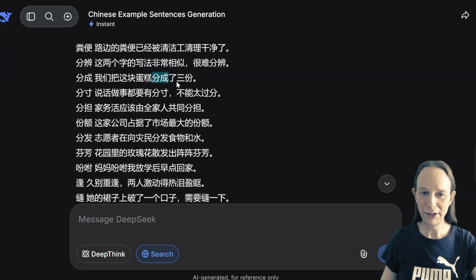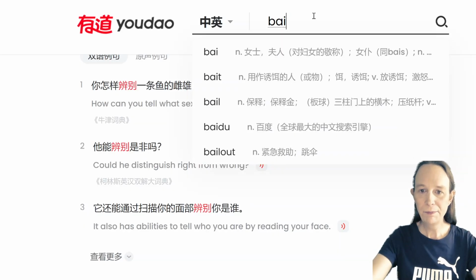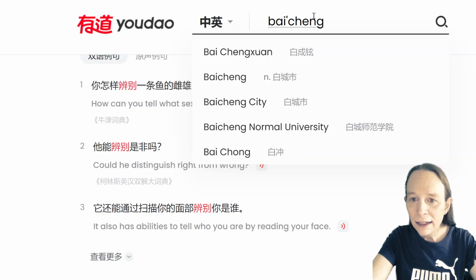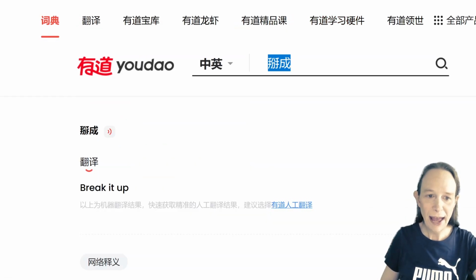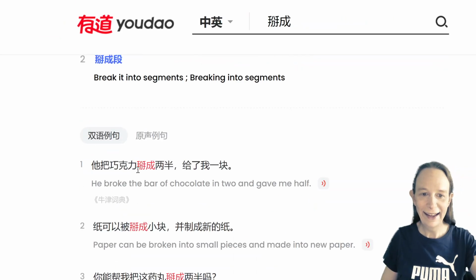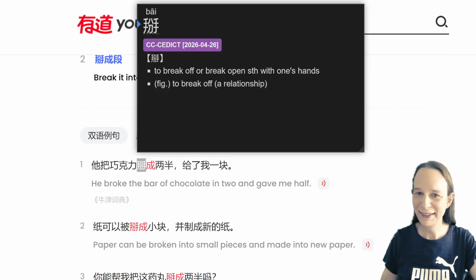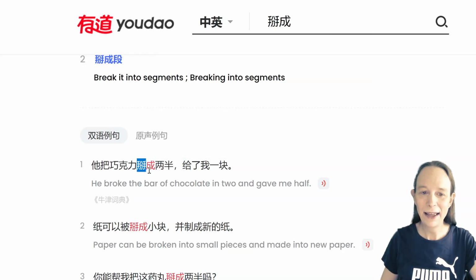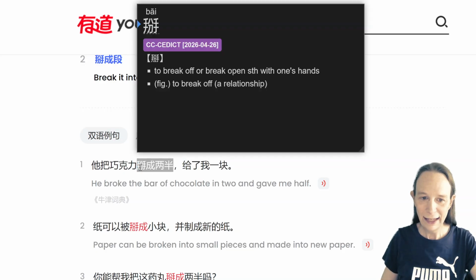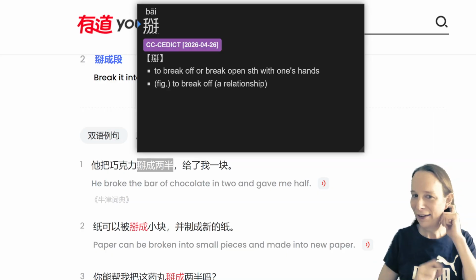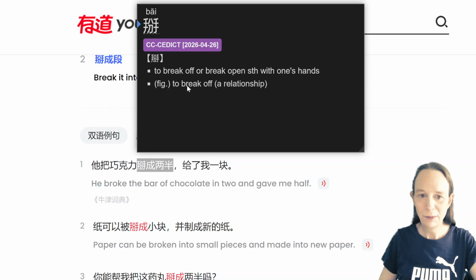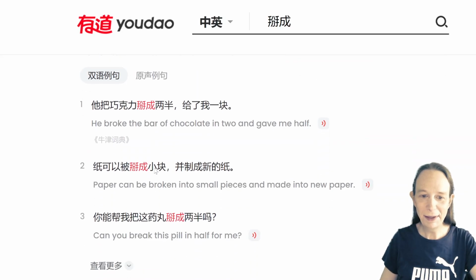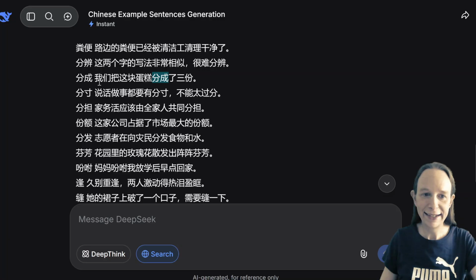You can also use 掰. 掰成. Again, 掰成 doesn't count as a word. 掰成2半. 掰 is better for breaking with one's hand. Maybe it's better for bread, whereas for a cake, 分成.